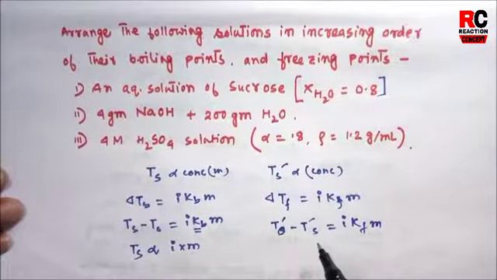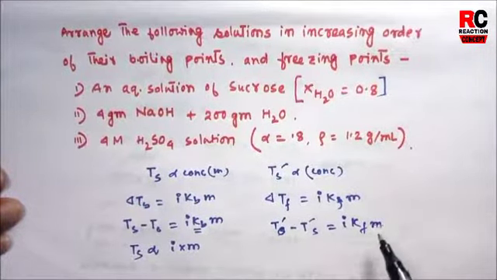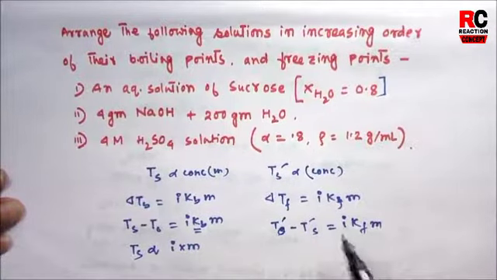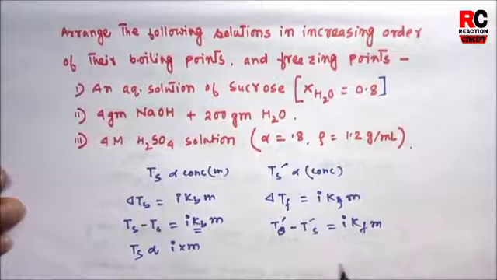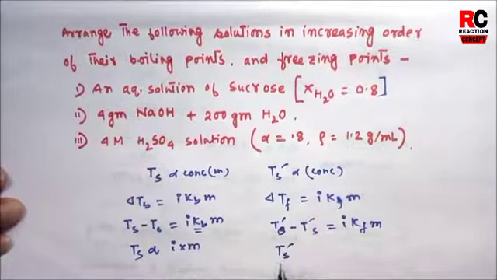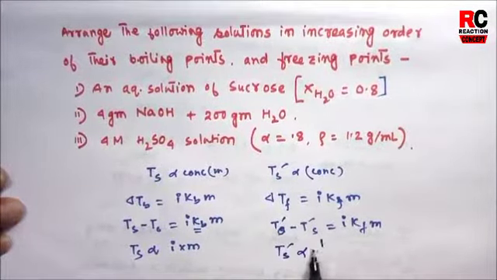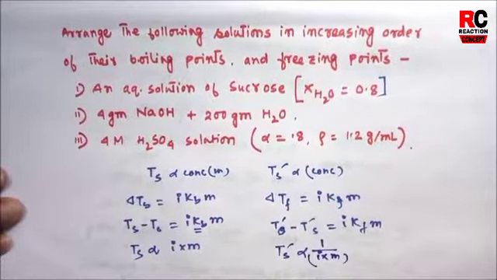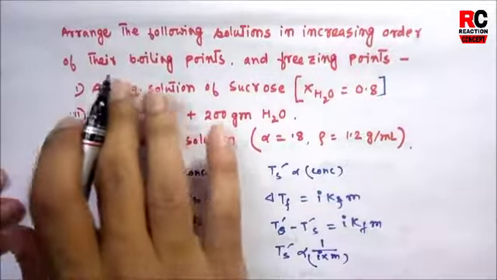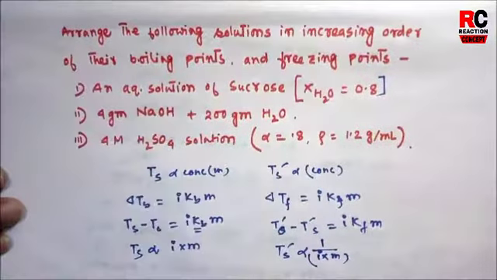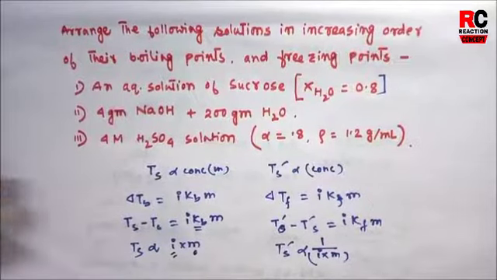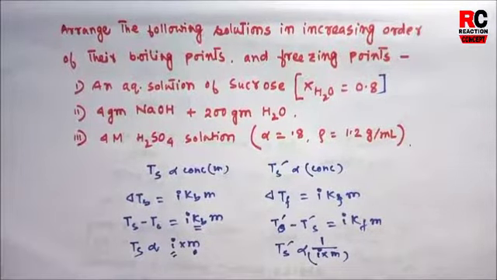When you increase the freezing point of the solution, this value will decrease. When you decrease it, then this value will increase. In other words, the freezing point of the solution is inversely proportional to i into m. So from the given data, we can find out the i value and molality of the solutions. Let us see what values we can get.